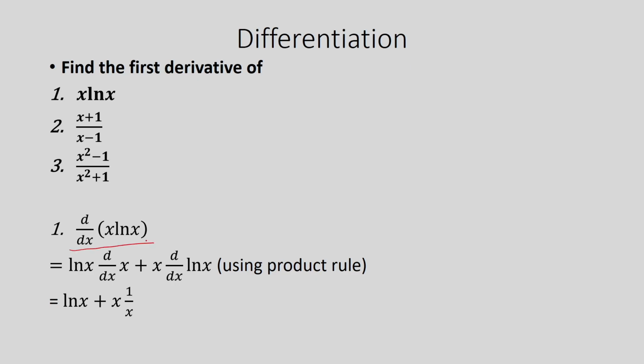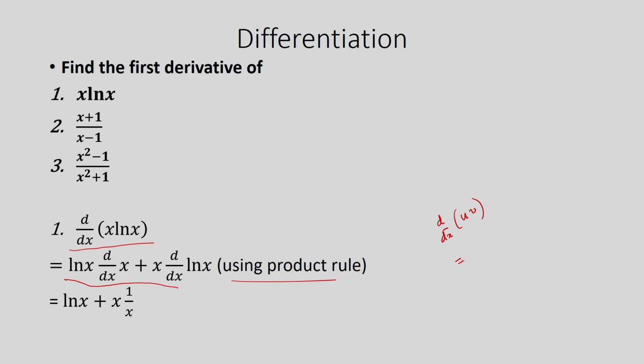So, in the first problem, we have to find d dx of x log natural x. Now, what we do is take the help of the product rule. Remember what the product rule was? You have d dx of u v, where u and v both are functions of x.